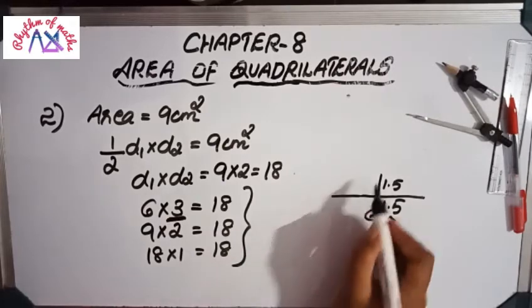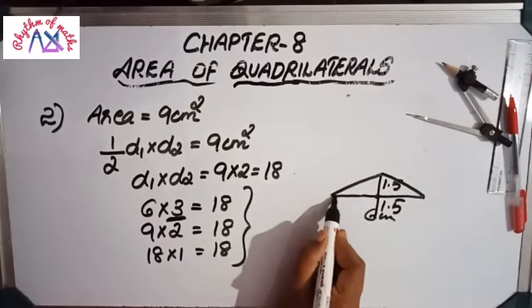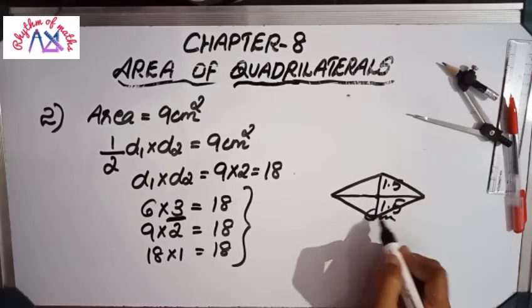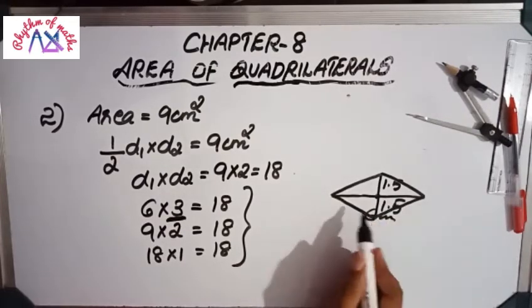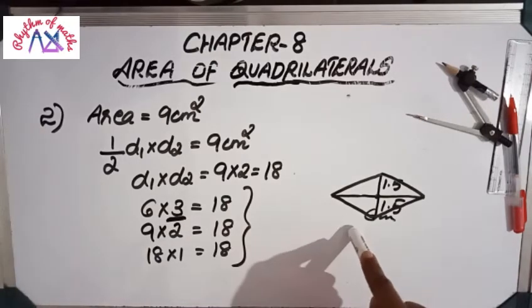Now join all the endpoints. We will get a rhombus with all equal sides, area 9 square centimeters and diagonals 6 and 3.